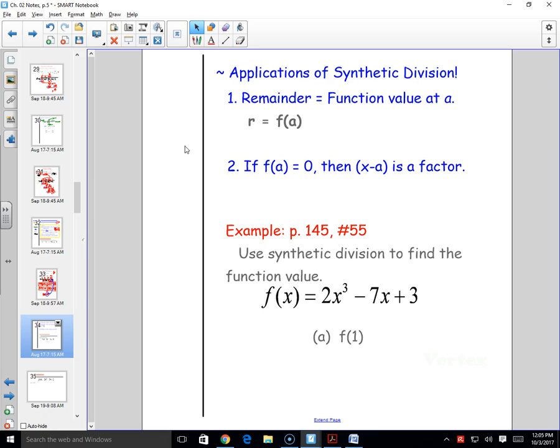We can use synthetic division to talk about function values and about factors. Sometimes it's easier to do synthetic to get function values, and sometimes it's easier to do function values to check what's going to happen in the synthetic.